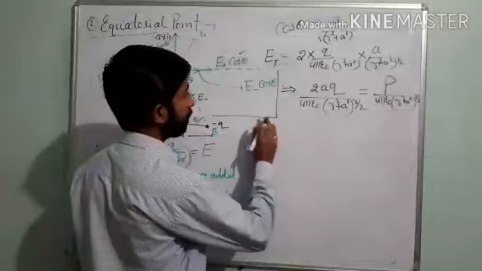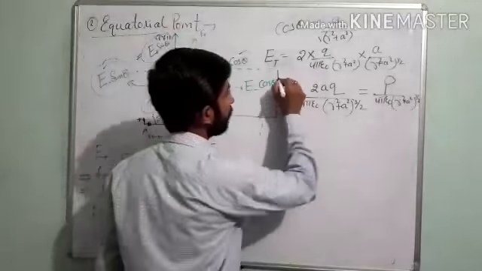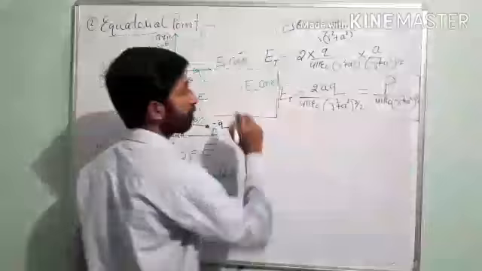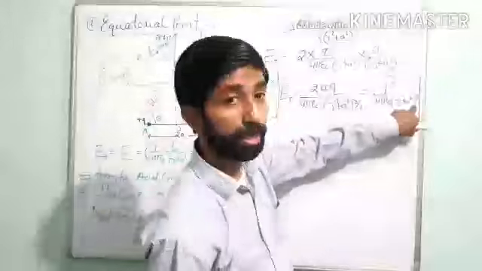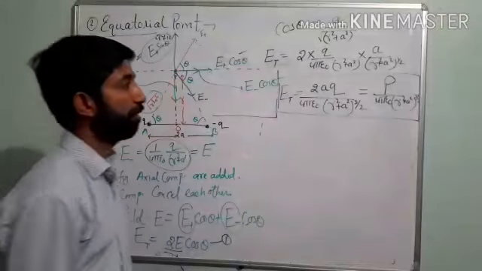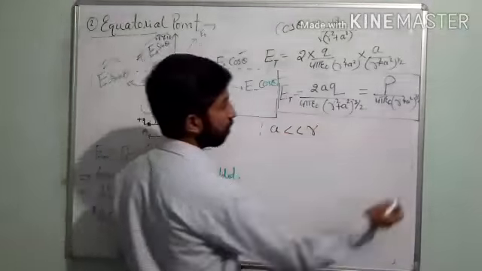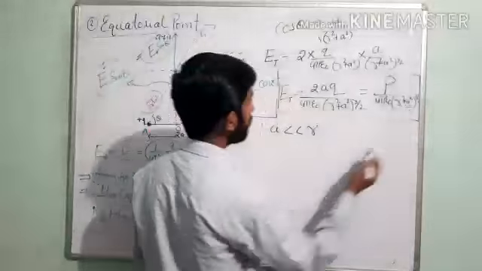That is your total electric field, with power 3 by 2, right? Now what if A is very small compared to R? Then obviously again we shall discard this quantity A square.